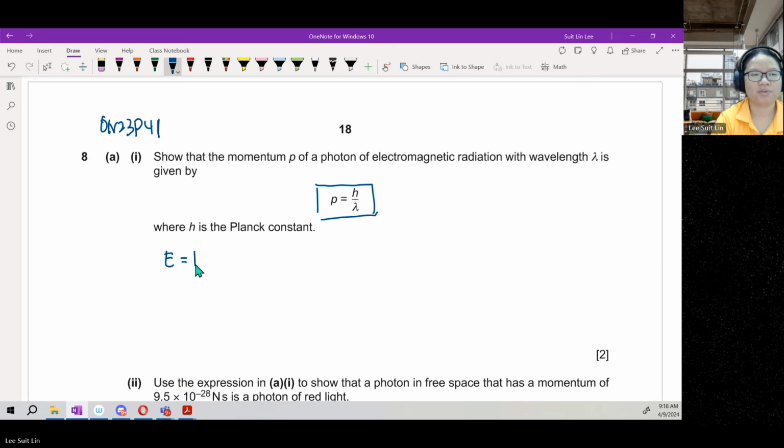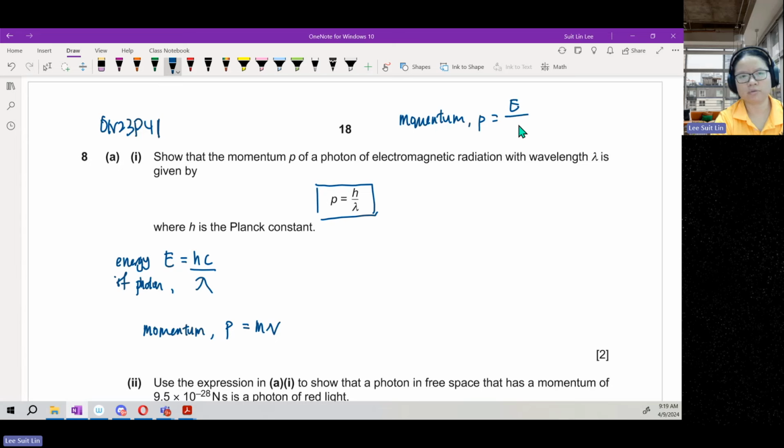This is the energy of the photon. I want to see if I can get rid of the value of c. There is a lesser known equation, which is momentum P is equal to energy over the speed of light.